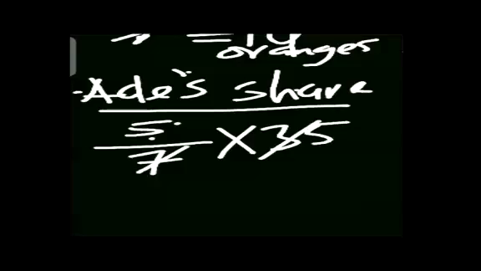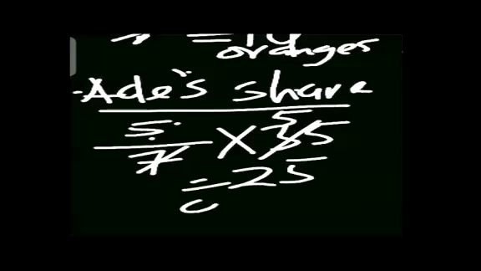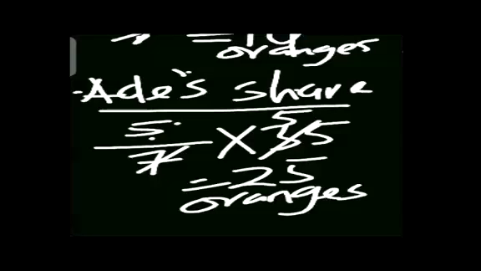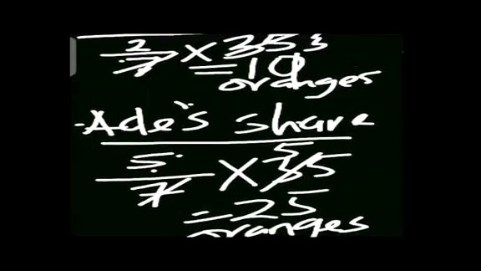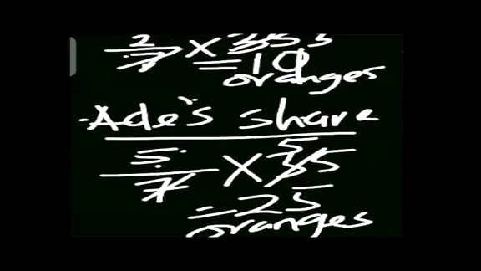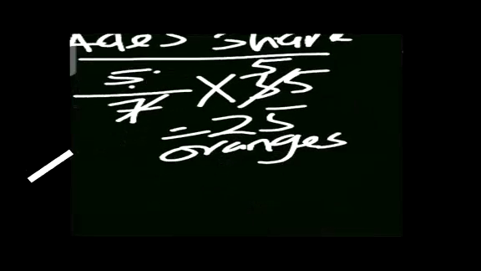So 7 into 35 is 5, so this is 25 oranges. So that means Olu has 10 oranges and Ade has 25 oranges. If you add the number of oranges shared between the two of them, 25 plus 10, it gives us 35 oranges, which was the total number of oranges that they were sharing.